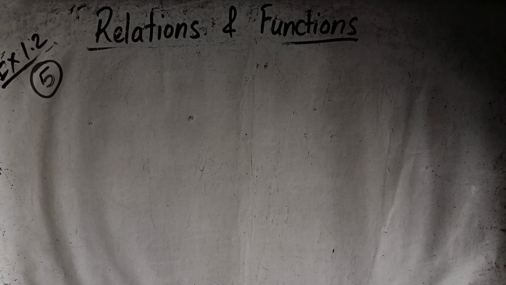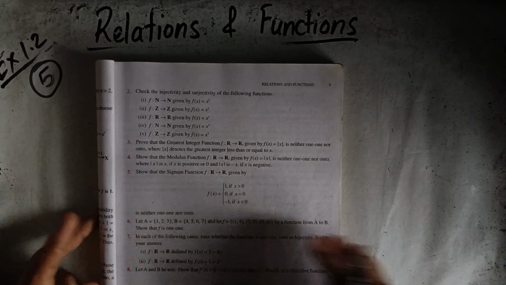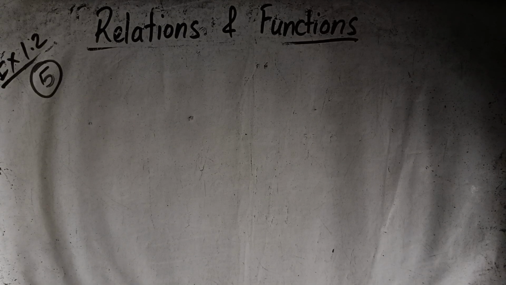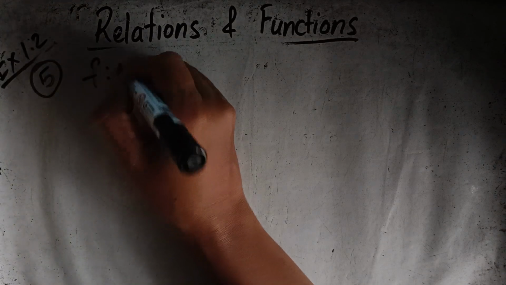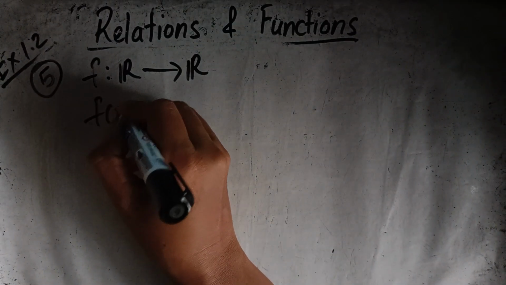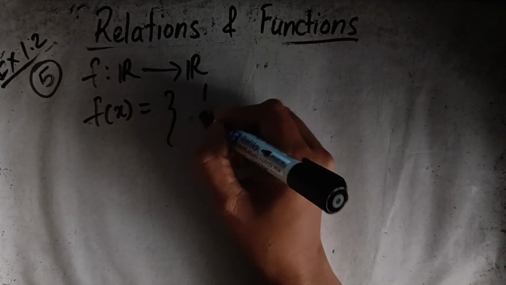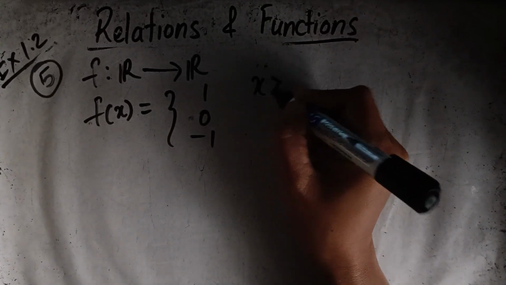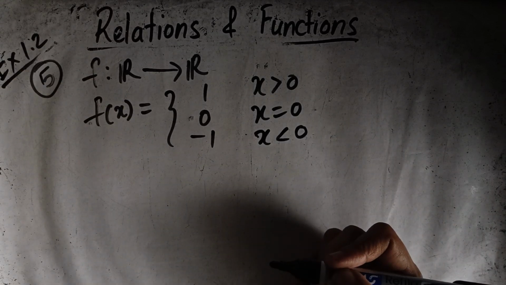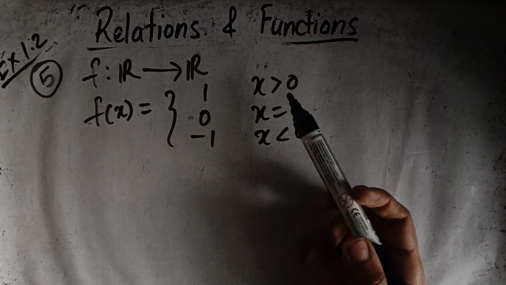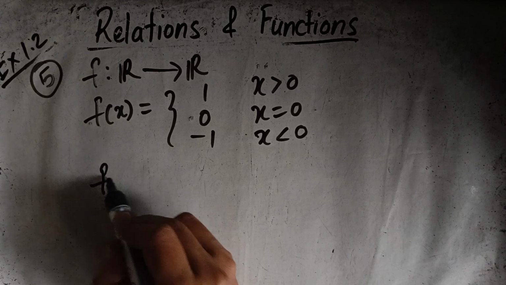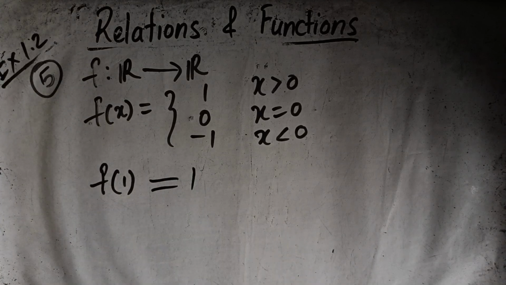Question 5. Show that the signum function f from R to R is given by, okay, signum function is defined as 1 for x greater than 0, 0 for x equal to 0, and minus 1 for x less than 0. Now from this only you can say that if you take 1, you will get 1.